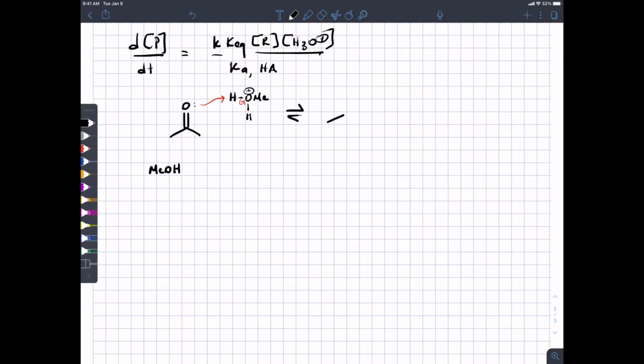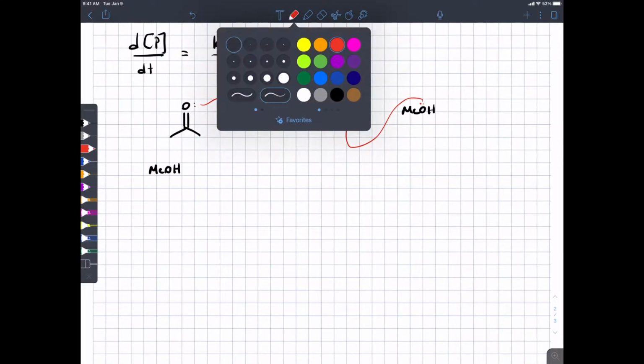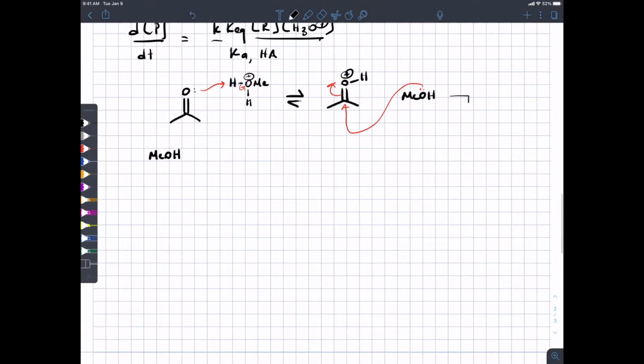But this would be an equilibrium step where first I protonate the ketone and then in a rate determining step, and I'm not sure, there's a lot of steps in acetal formation, so I'm not sure which one is the rate determining step versus not. But I'm guessing that of all the steps that are possible, this one might be the slow one.